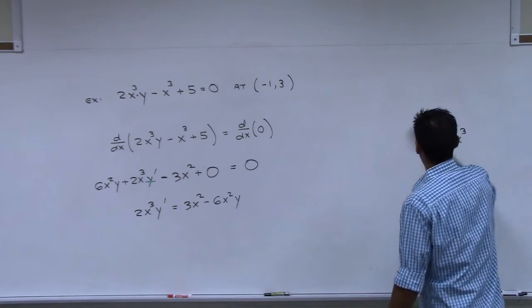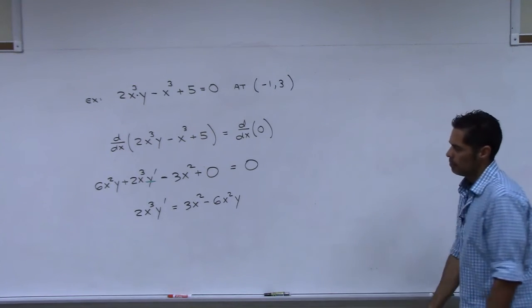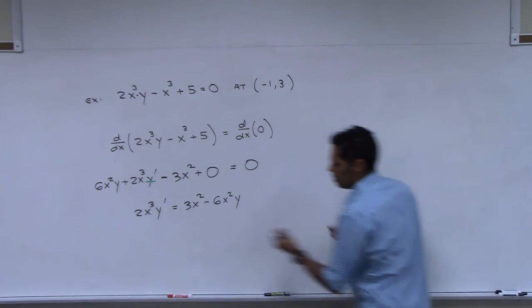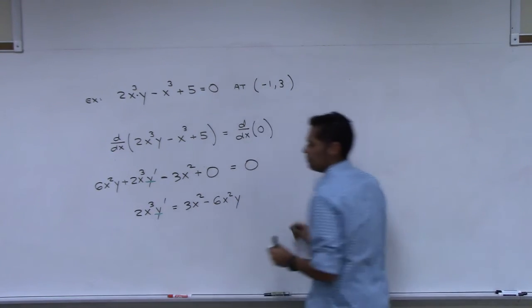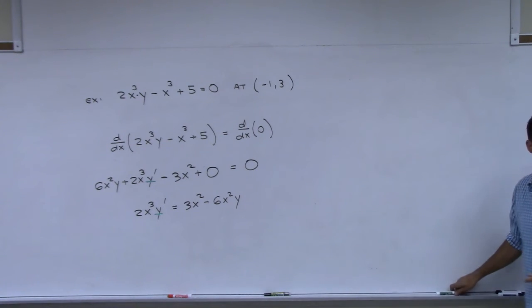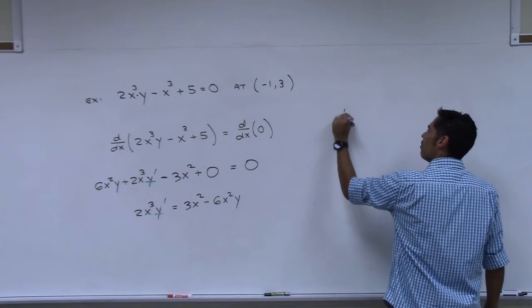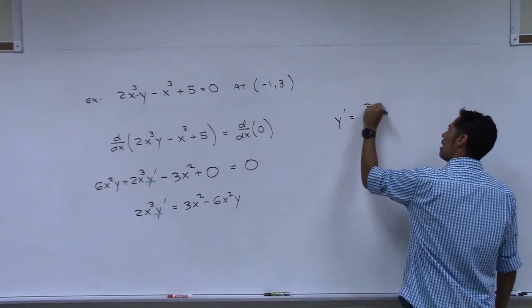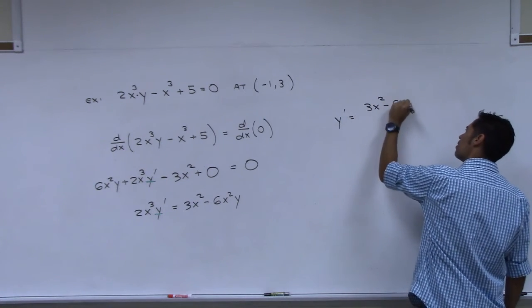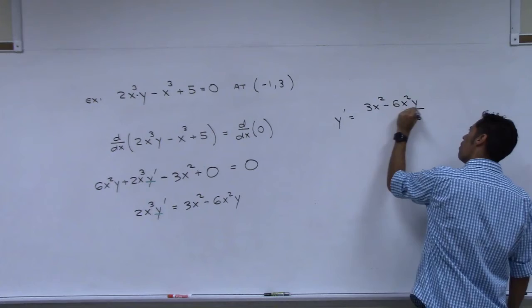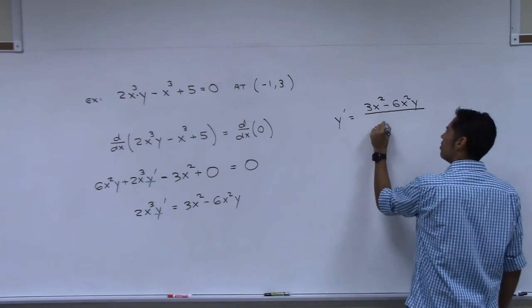Final step, what? You're trying to get this by itself. So do what? Divide everything by 2x cubed on both sides of the equation. So y prime will be equal to 3x squared minus 6x squared y over 2x cubed.